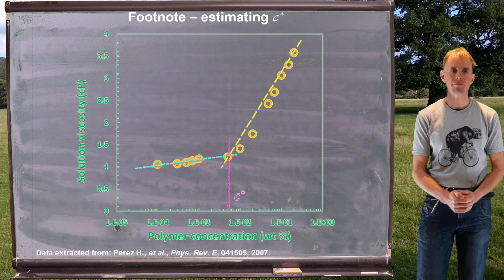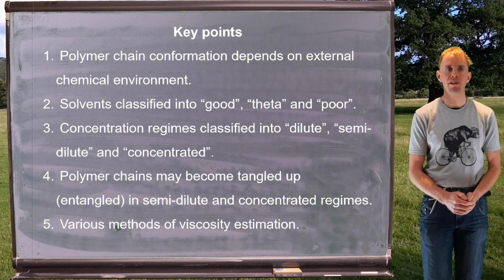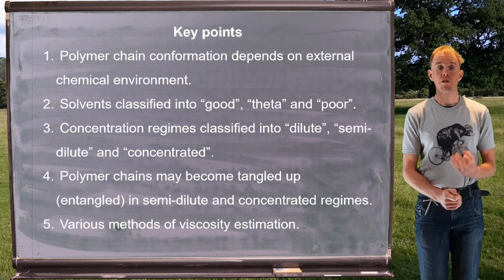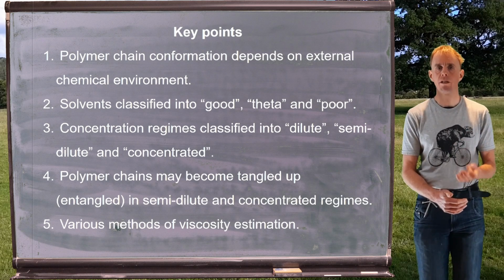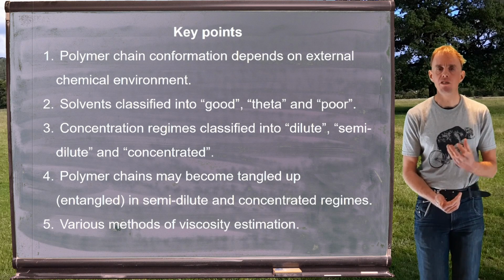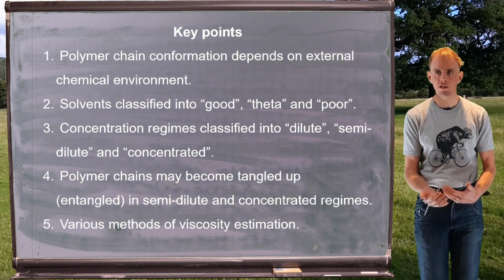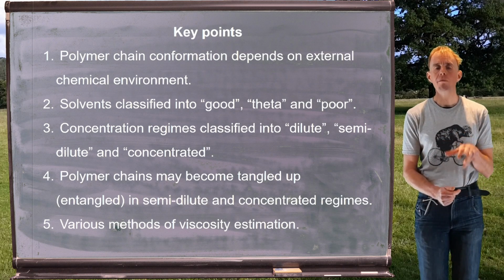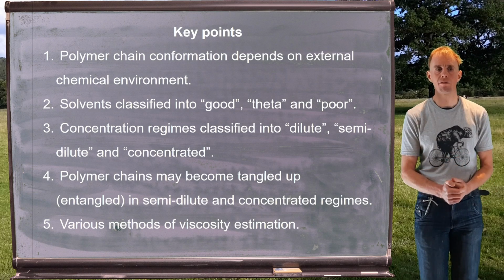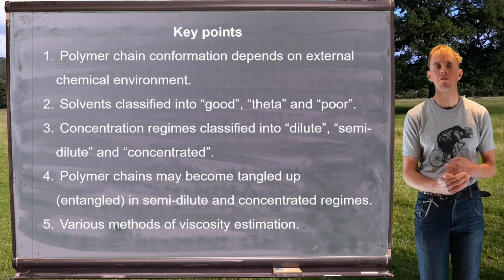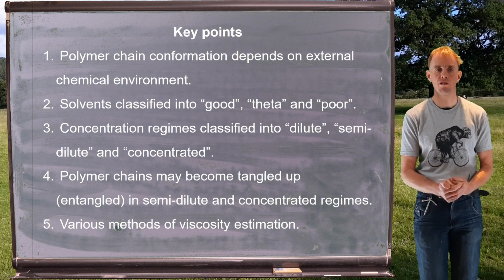So let's summarise. We've seen with some remarkable imagery, that the polymer chain conformation depends on the external chemical environment. The external imagery concerned the pH of the external chemical environment. We're more concerned about the chemical nature of that environment, in terms of it being a good solvent, a poor solvent, or a theta solvent.